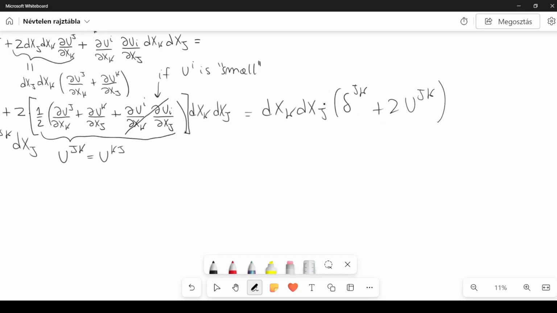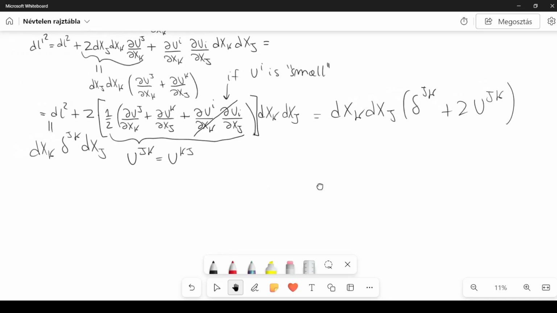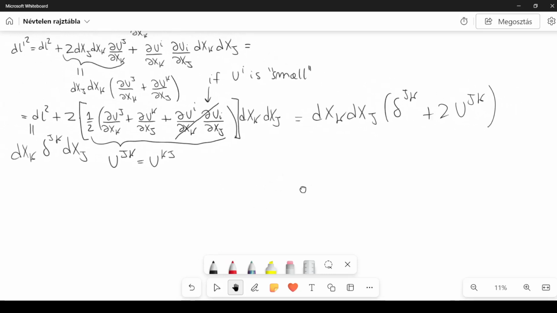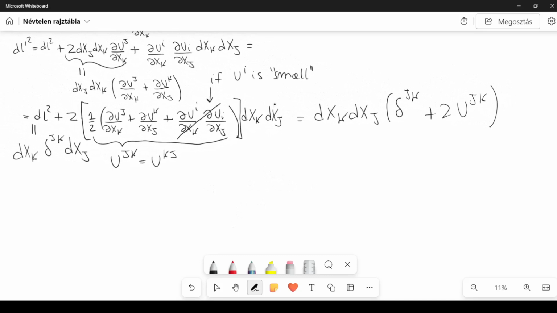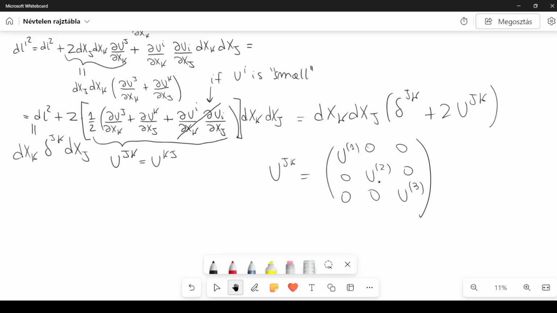It can be made diagonal, and this means that basically, if we consider the three axes x, y, z, or x1, x2, x3, and if we assume that ujk can be made diagonal like this, so we have u1, u2, u3, and then we have all zeros in here, we can write the following.